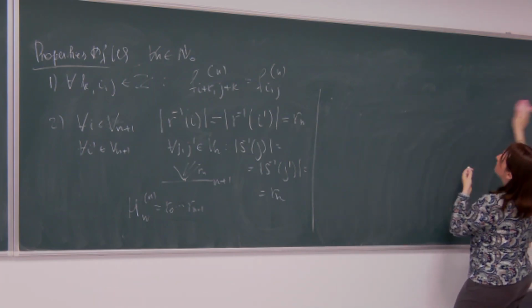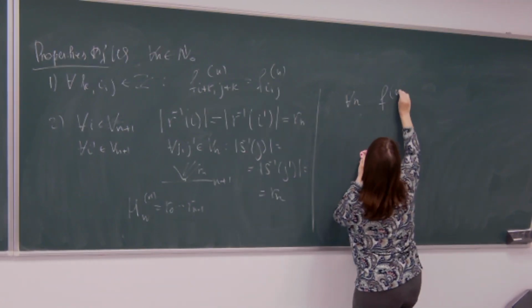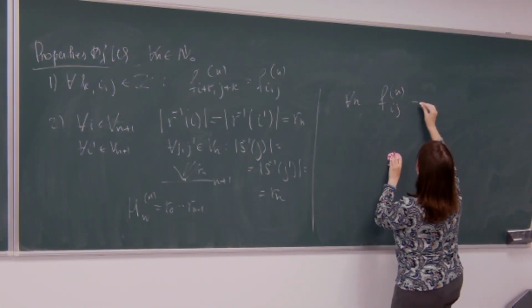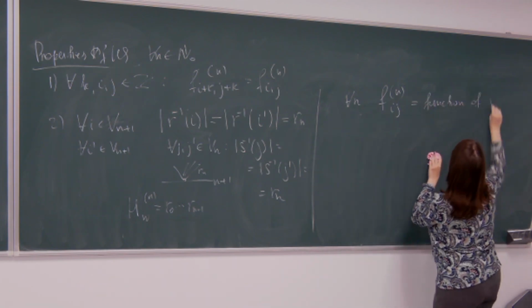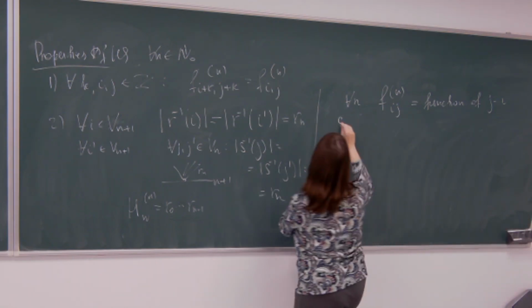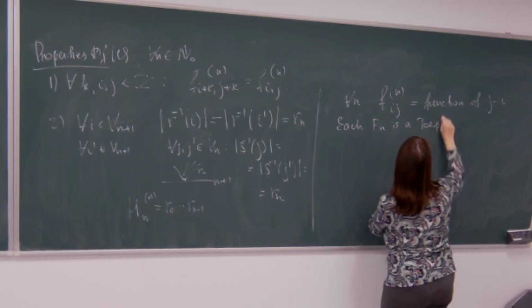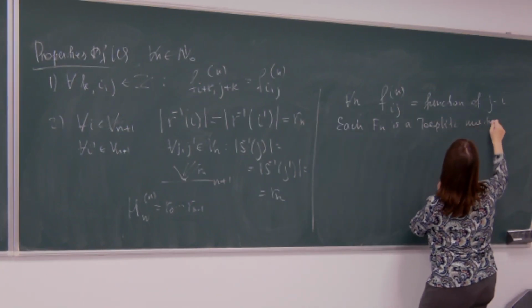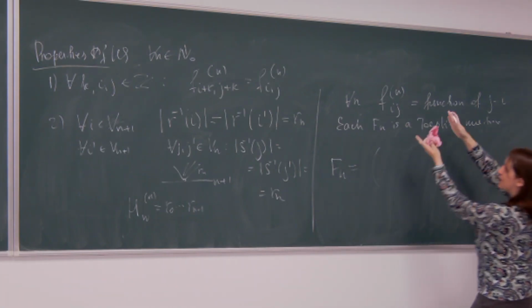So we can say that for everything, f^n_{ij} is a function of j minus i. So our incidence matrices are so-called Toeplitz matrices. They have constant diagonals. And it's also a banded matrix.